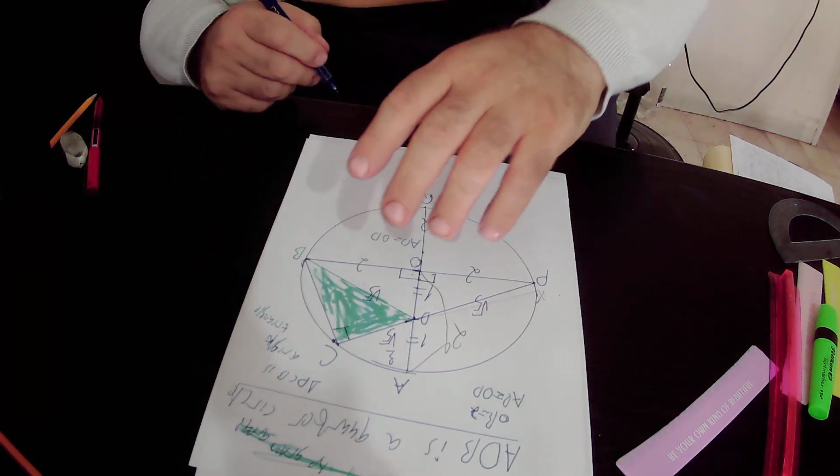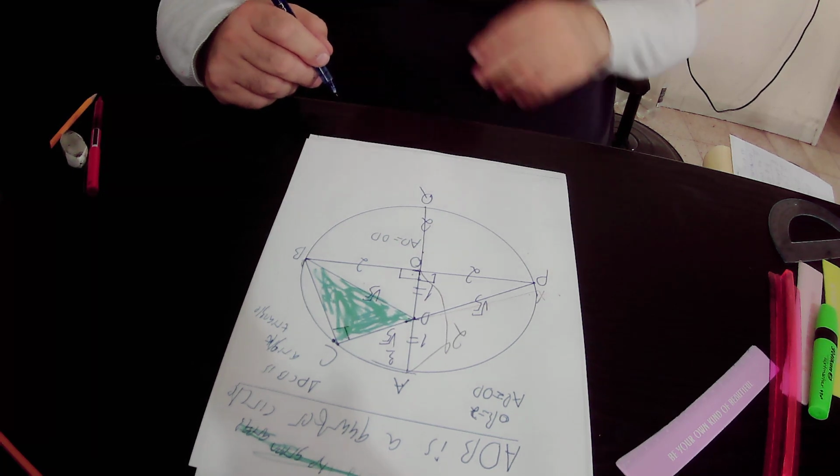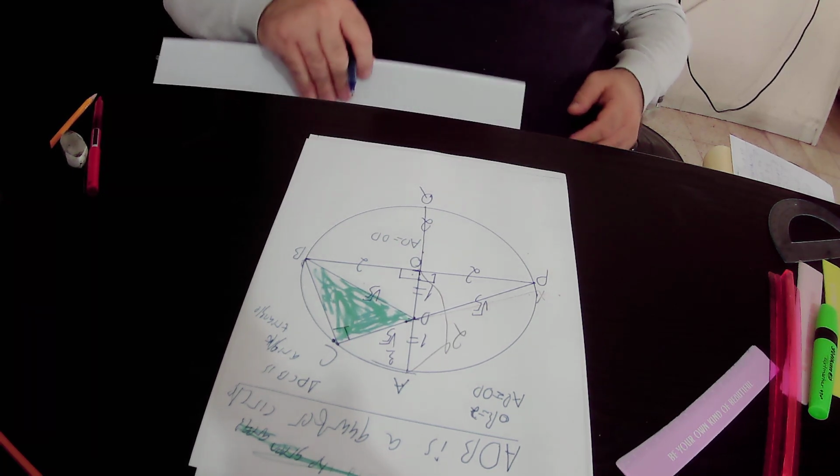In the next step, we will implement the Pythagoras theorem on the right blue triangle, triangle DCB.